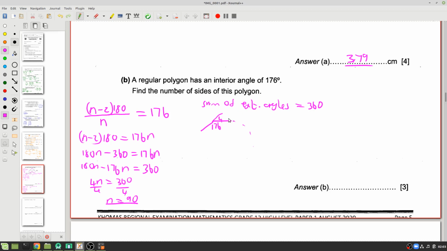And the sum of the exterior angles is 360. So 4 times the number of sides, or number of angles, equals 360. So we can just divide by 4, and we get n equals 90. So it's the same answer, and this one is just a little bit quicker, but both of those will be correct.